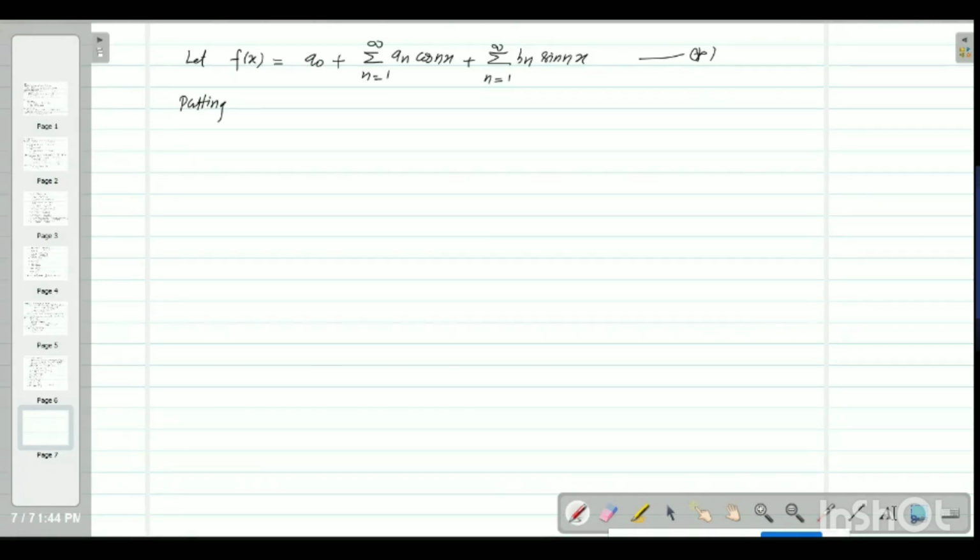Putting equation number 1, 2 and 3 in equation number star, we get f of x, and a naught is what? 0 plus sum running from n equal to 1 to infinity an is 0 cos n x plus sum running from n equal to 1 to infinity bn.